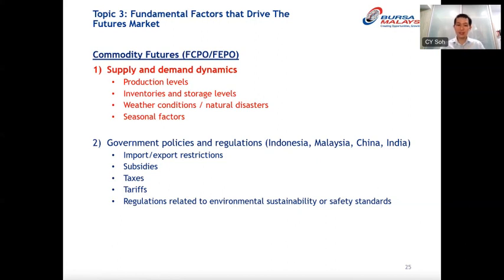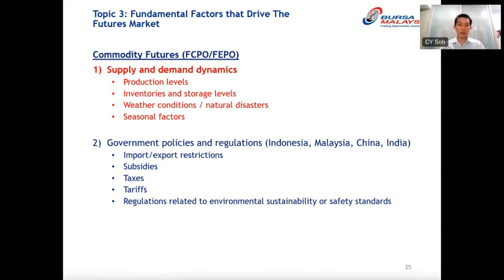There are many factors that affect supply and demand, like weather conditions, natural disasters, production levels of the commodity, the inventories or the stock level, or even global demand, which can influence the supply and demand balance of that particular commodity.